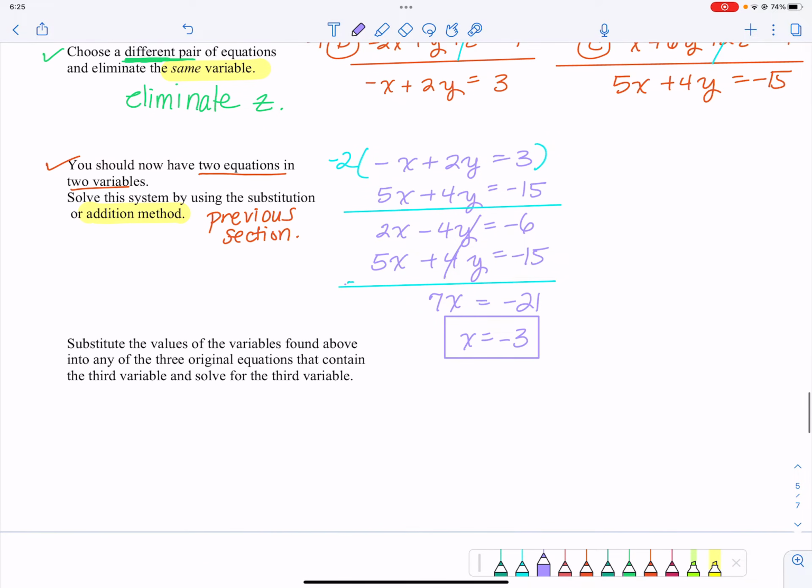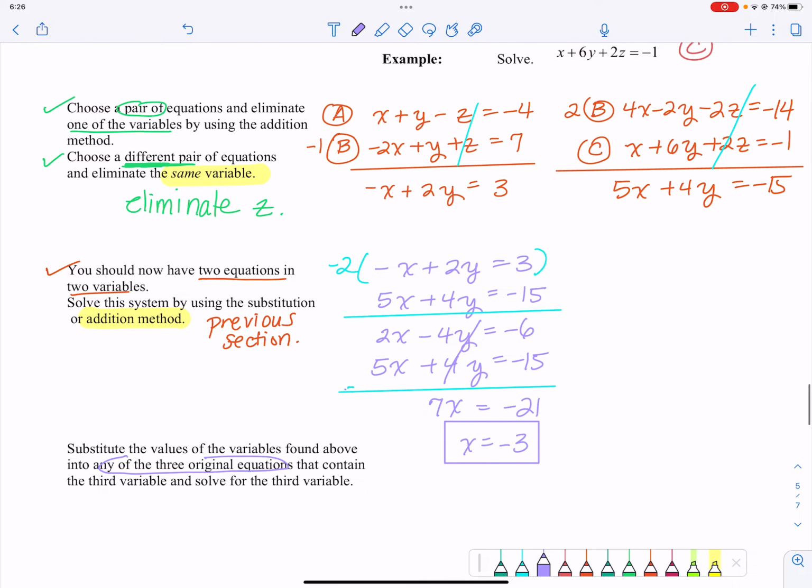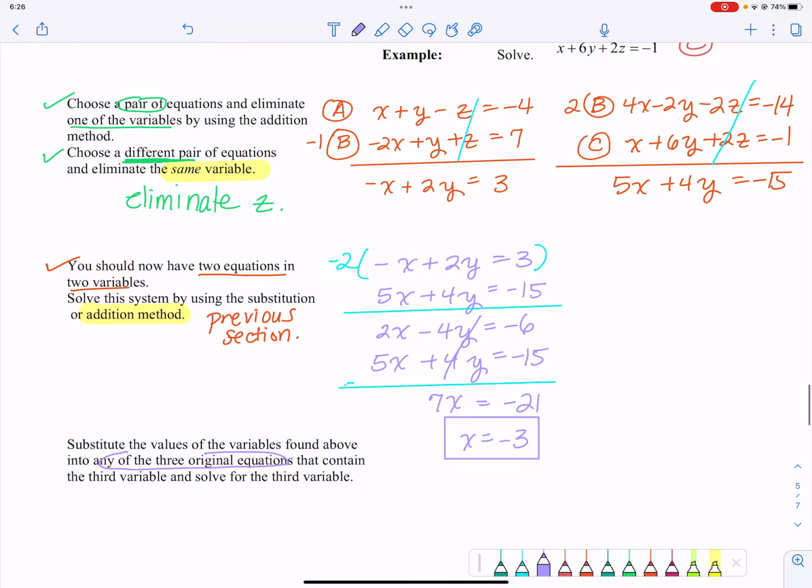Now that we have the value of a variable found above, we can go into any of the three original equations. So I can use this x equal to negative 3, and I'll just use this first equation.